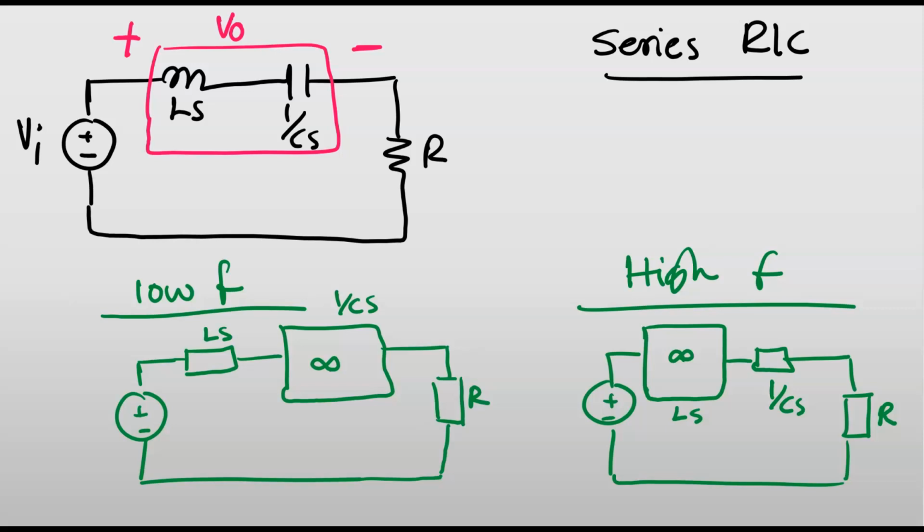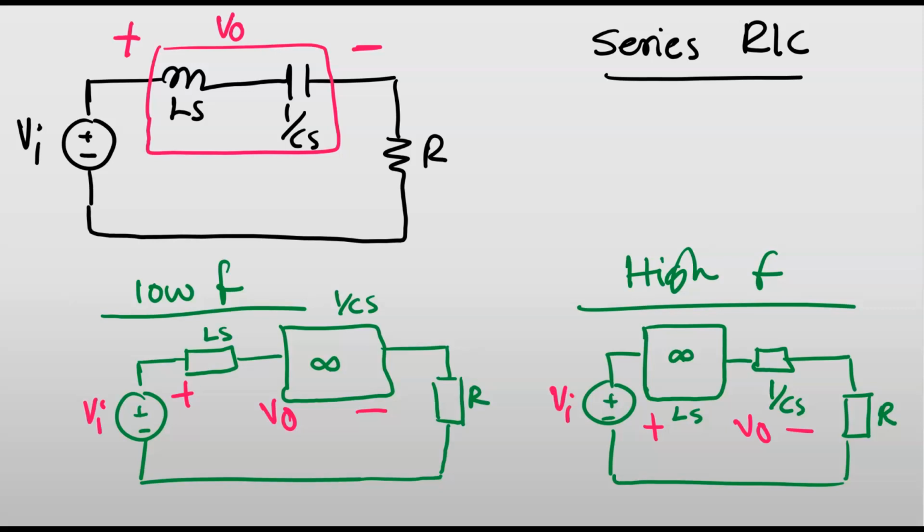Okay, so now as you can see, it shows you that if you're focusing on the voltage across these two elements, inductor and capacitor, as your output voltage, then together they have the biggest portion of the input voltage.